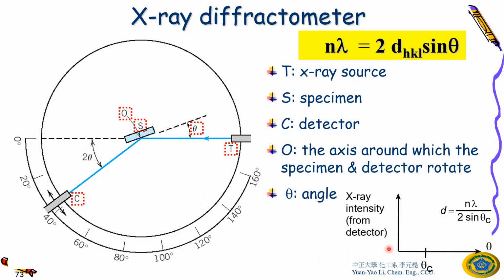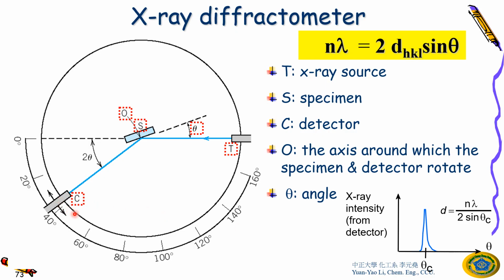So for this one, if the collector or detector stays here, you will get a peak, right? If I move it, you might get nothing. I should say if you move 2 theta here, I'm sorry, this here will be 2 theta, you get nothing, there is no peak.